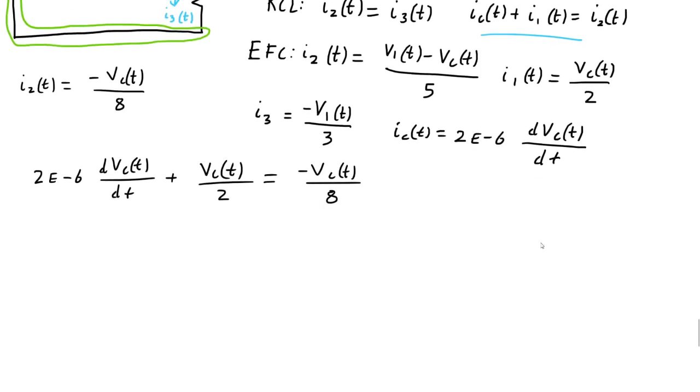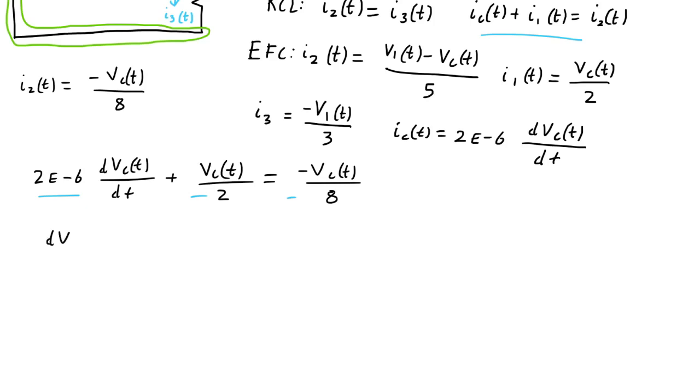So I'm going to go ahead and simplify it, put it all on one side. First thing I want to do, I'm going to divide everything by the C, and also add this to the other side. So we're going to be left with, let's see, 4/8, so 5/8.